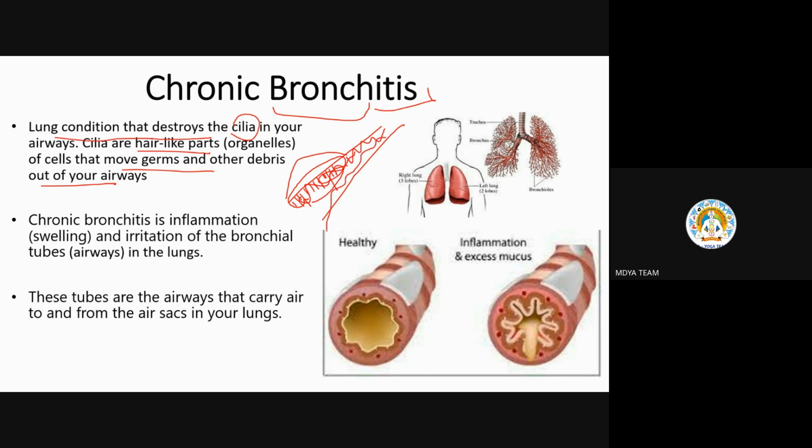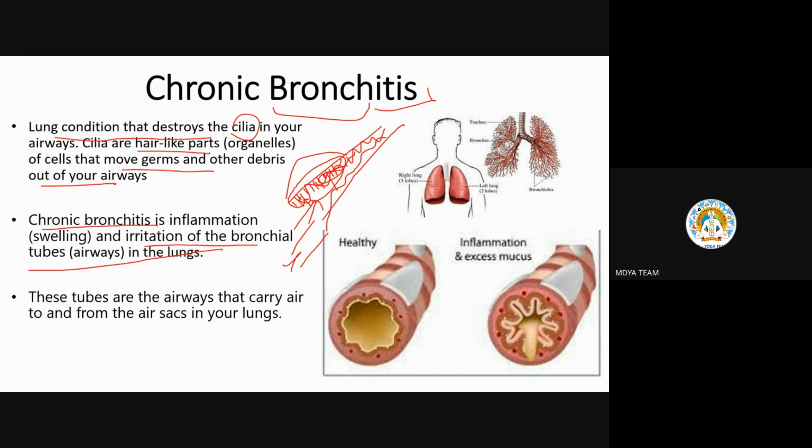The air is flowing normally through these bronchial tubes. If there is some restriction or obstruction from swelling, there will be difficulty for air to flow inside as easily as it was flowing before. So there will be difficulty in breathing also. Very simple. Therefore it is written chronic bronchitis is inflammation or swelling and irritation of the bronchial tubes or airways.